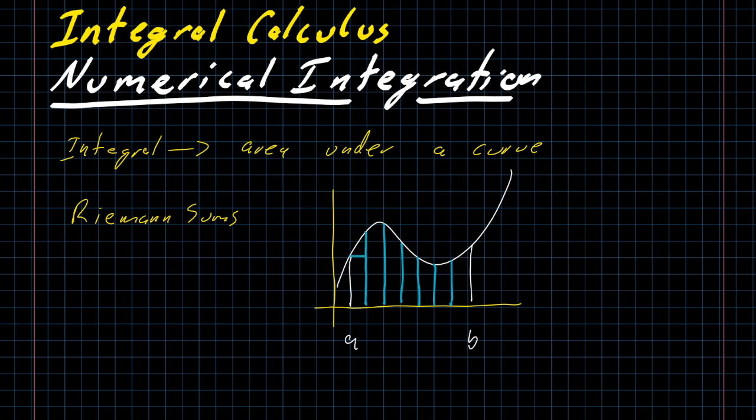You may remember the left-hand rule, where you use the left side of each bar as a way of constructing the rectangles. You may remember the right-hand rule, where you use the right-hand side of each bar as your tool for constructing those rectangles.